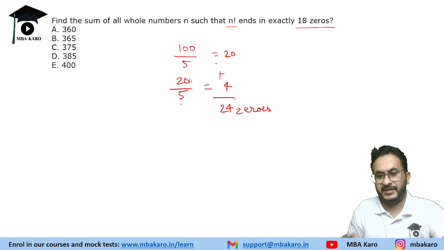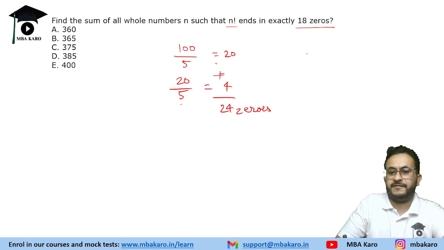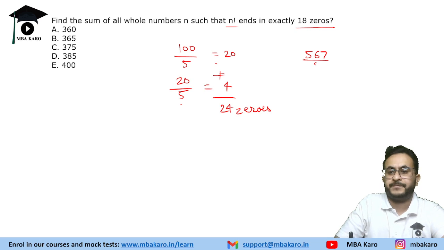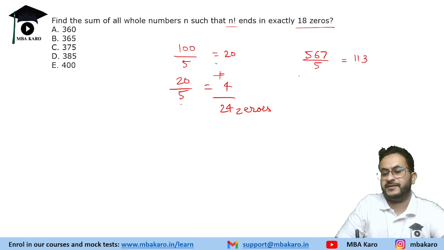Now this was a completely divisible number. Let us take some number which is not divisible, right? So let's take 567. Okay, 567 is not divisible by 5. So when you divide by 5, you get 113, since 5 times 113 is 565.